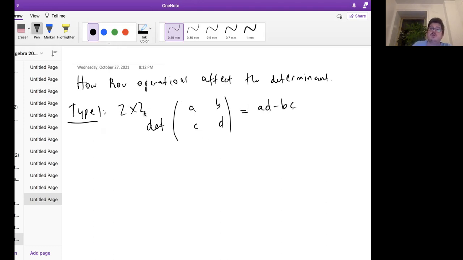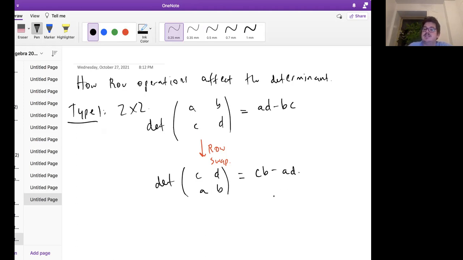Now, what happens if we row swap? So we have C, D and A, B. What's the determinant of that matrix? CB minus AD. What's the relationship between AD minus BC and CB minus AD?